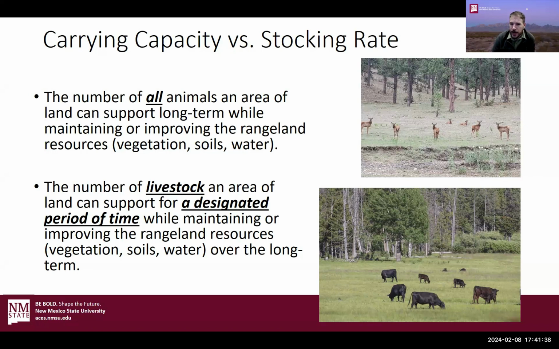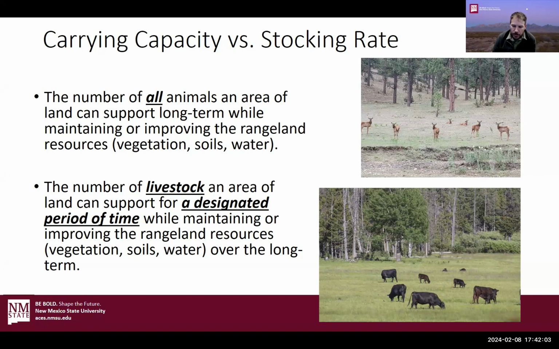Stocking rate, versus that, is strictly livestock. That could be any species of livestock: cows, sheep, horses, anything like that. When you combine a stocking rate with any other animal, such as wildlife, all of a sudden you change the term into carrying capacity.